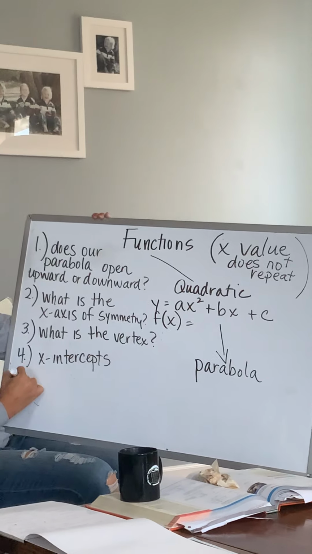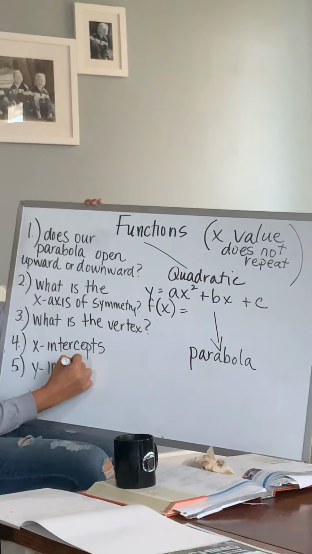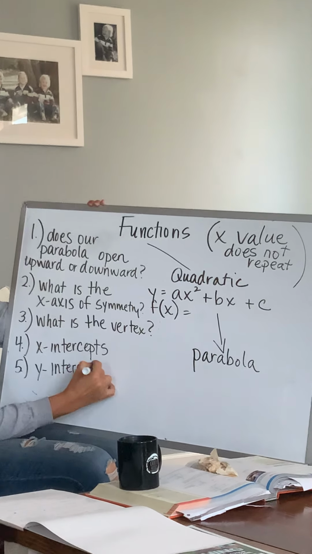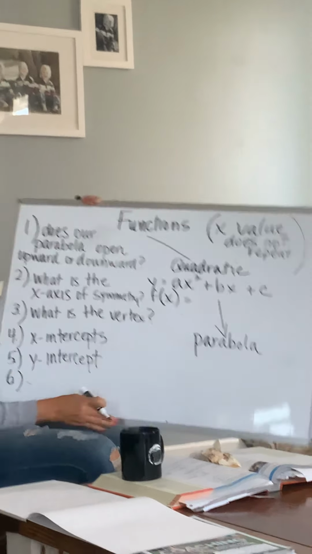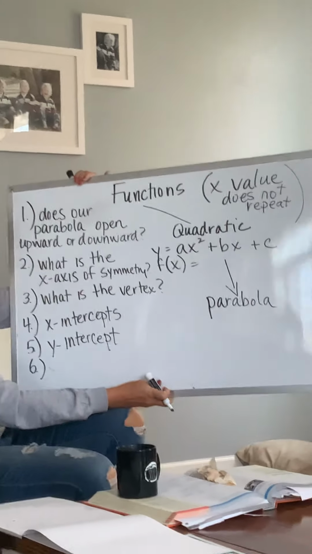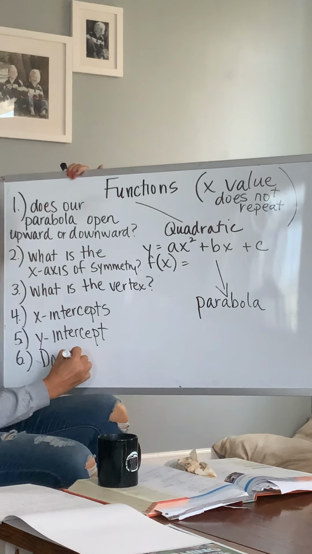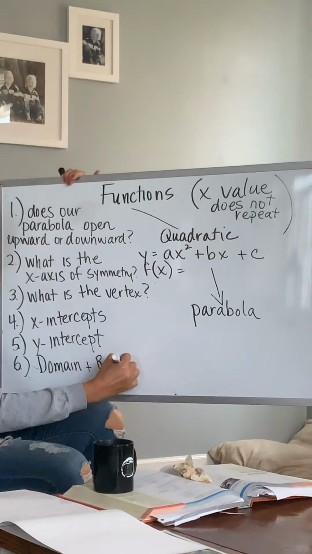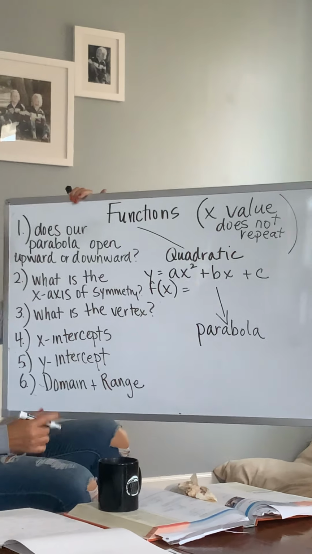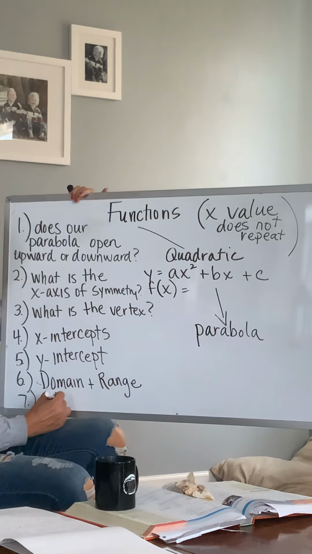The next thing we're going to look for is our y-intercept. The next thing we're going to look for is our domain and range. And then the last thing we do is a table of values and graph. Okay.